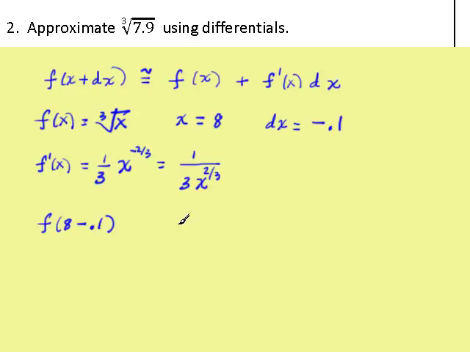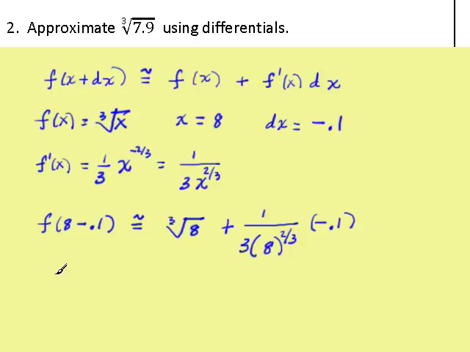Okay, that's our 7.9. Is approximately equal to f of x, that's the cube root of 8, plus f prime of 8. That would be 1 over 3, 8 to the 2/3, times dx, times negative 0.1.